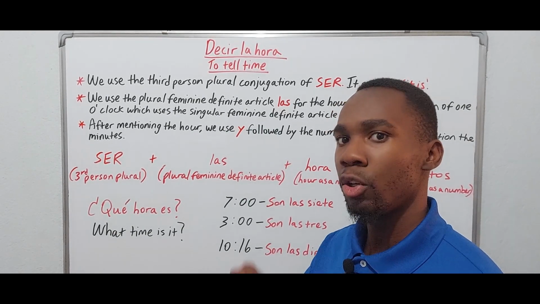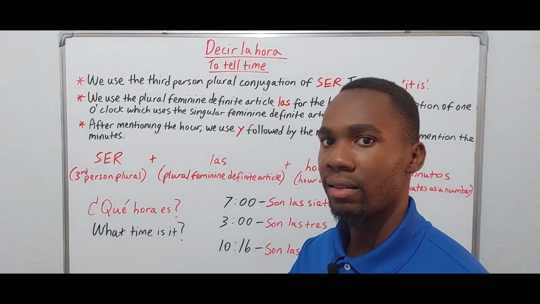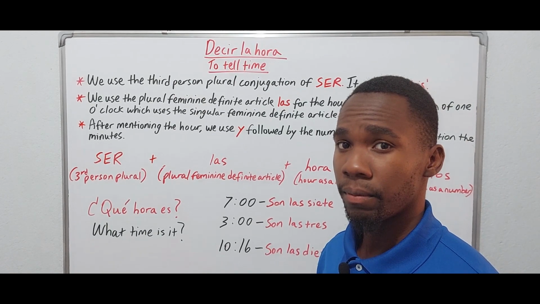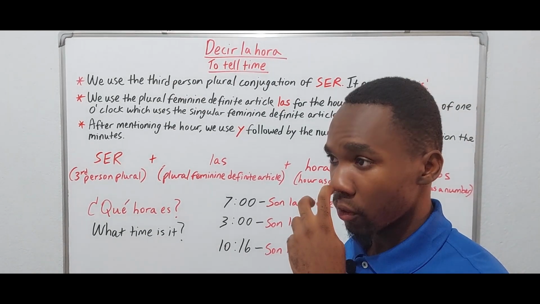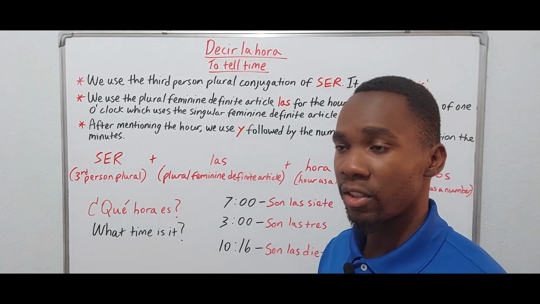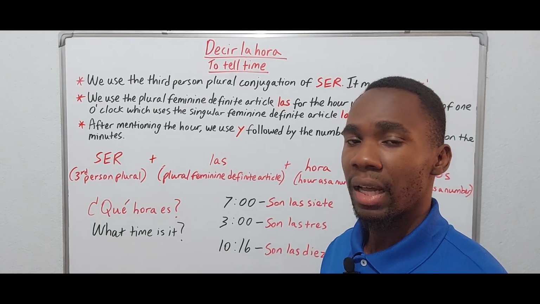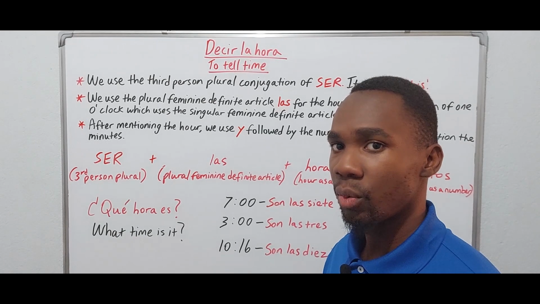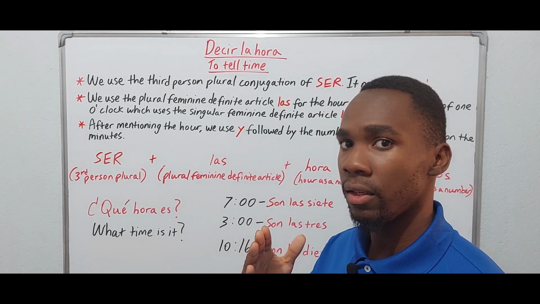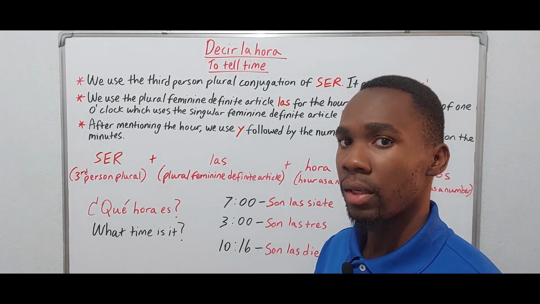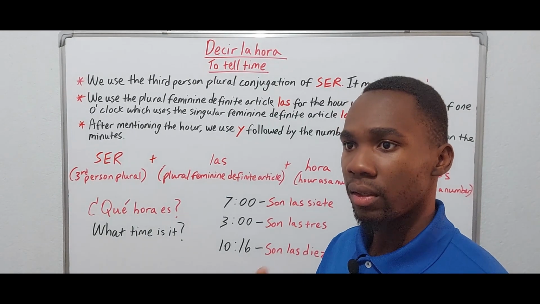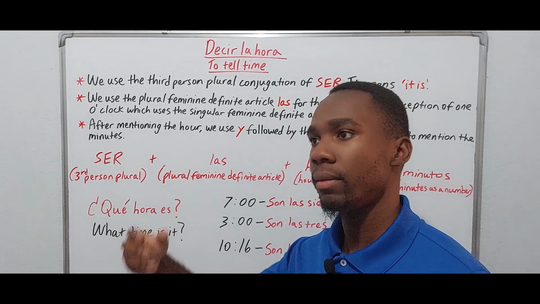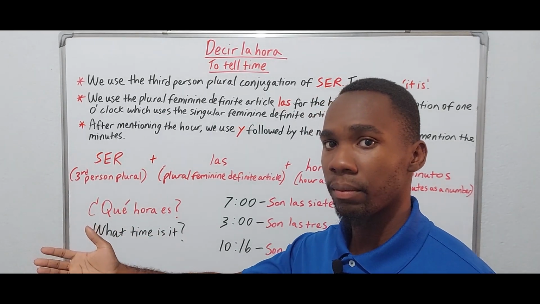La fiesta comienza a las 5. The party starts at 5 o'clock. So if we want to mention the specific time of an event, that's how we do it. We use the preposition a. So if we're asking the question, we put the preposition at the front. Okay? And in our response, we mention the event starts at whatever time.